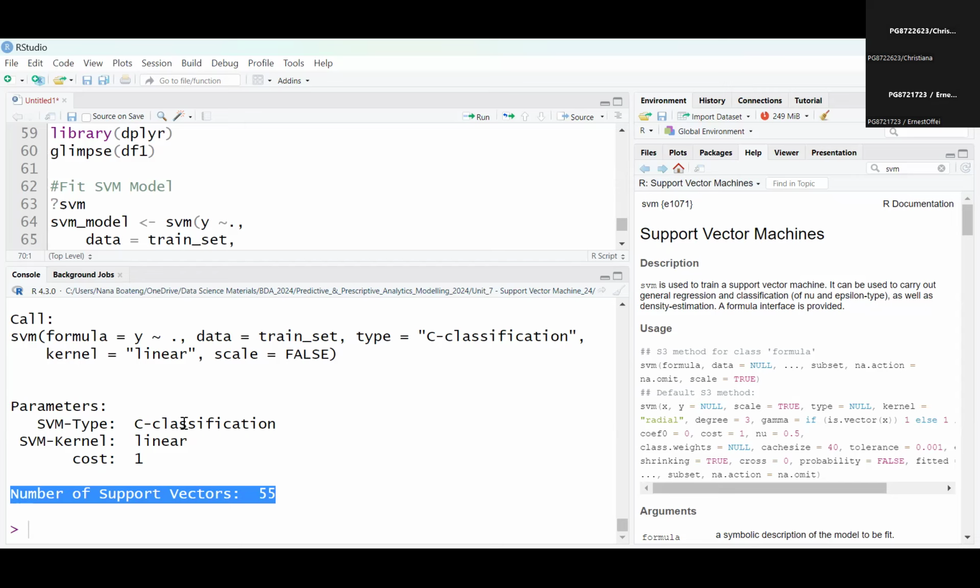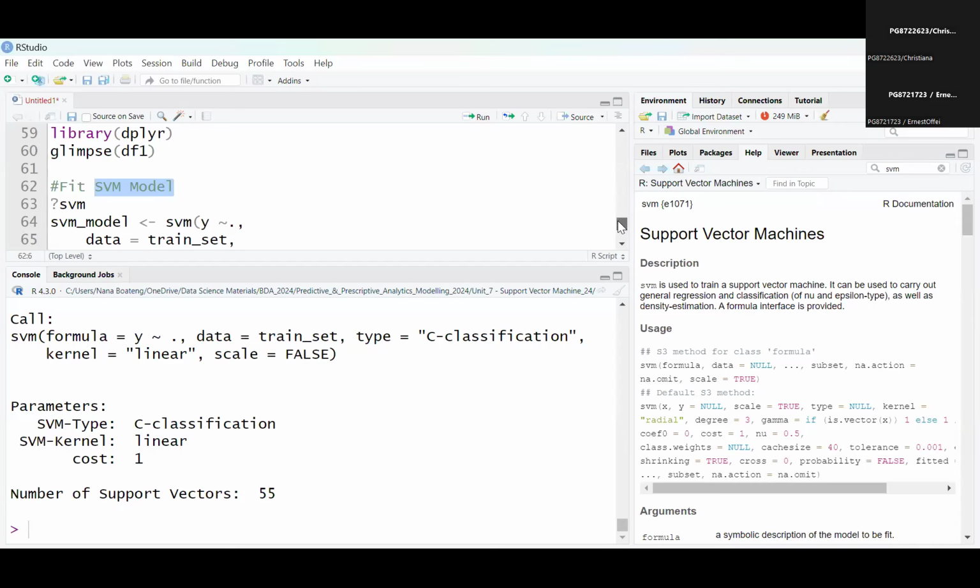Yes, Christiana, I see your hand raised. Please, sir, I'm not getting the fit model. Mine is not working. I don't know why. Which one? After the SVM, your line 64. Okay, so did you call the e1071 from the library?